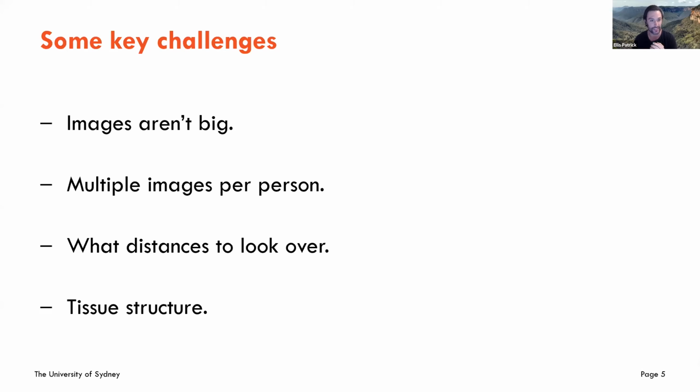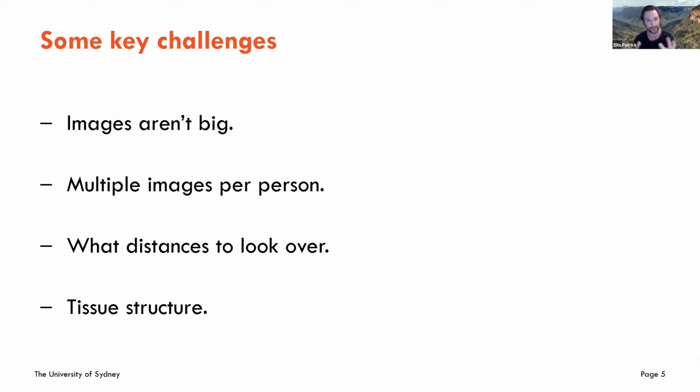Also, because these images aren't very big, to get a really good picture of a person's tissue, people often take multiple images per person to understand the heterogeneity within a person. Another challenge we faced was what distances to look over.